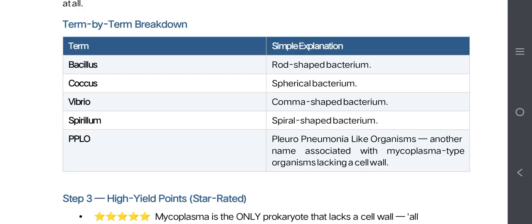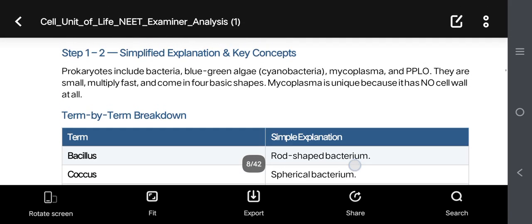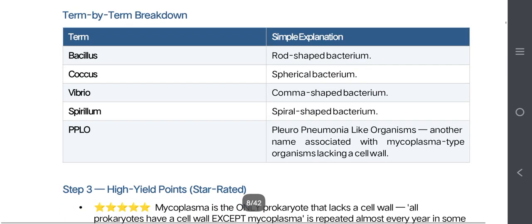Now we will break down the terms better. We talked about the four basic shapes. Bacillus means a rod-shaped bacterium. Coccus means a spherical bacterium. Vibrio is a comma-shaped bacterium.